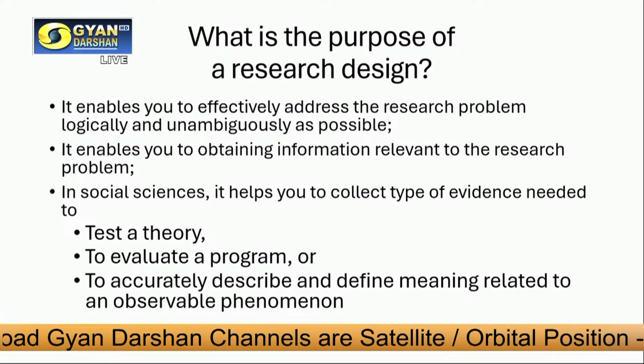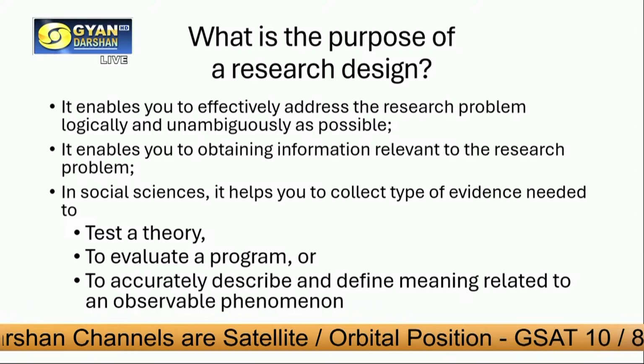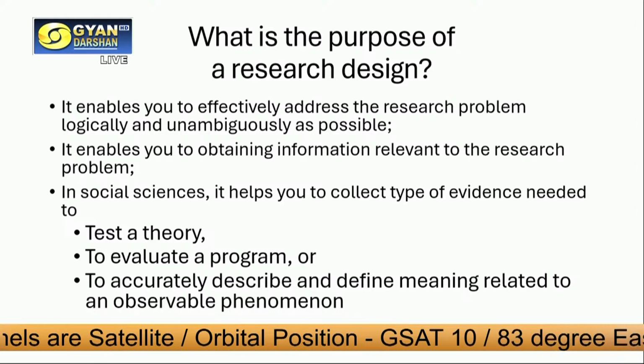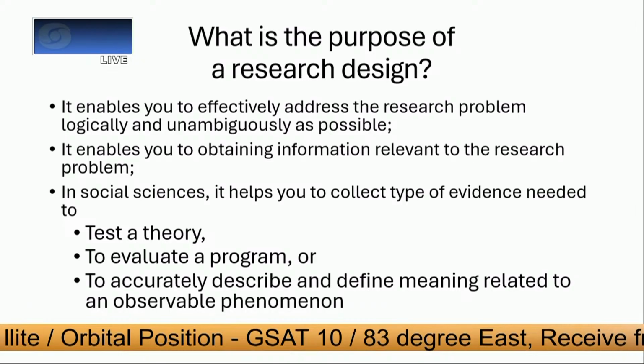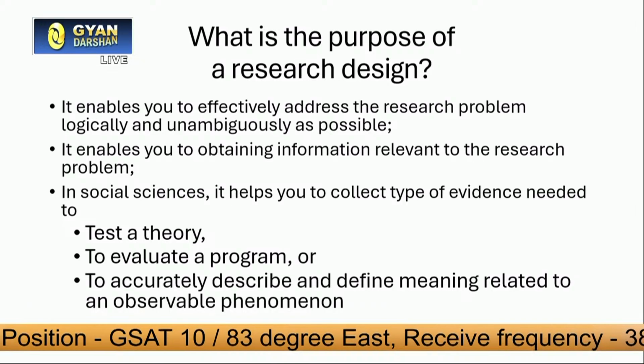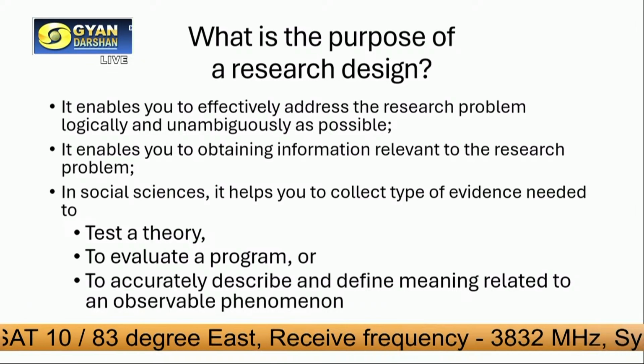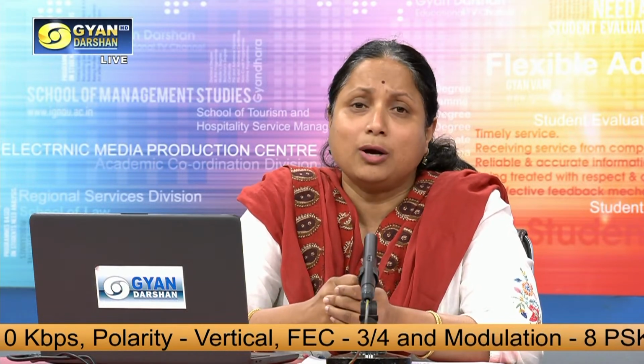For example, in social sciences, it helps you to collect the type of evidence needed either to test a theory, to evaluate a program, or to accurately describe a phenomenon, like defining meaning related to an observable phenomenon. When we talk about observable phenomena, let's take gender violence. How gender violence was conceptualized, and now how we can look at it.